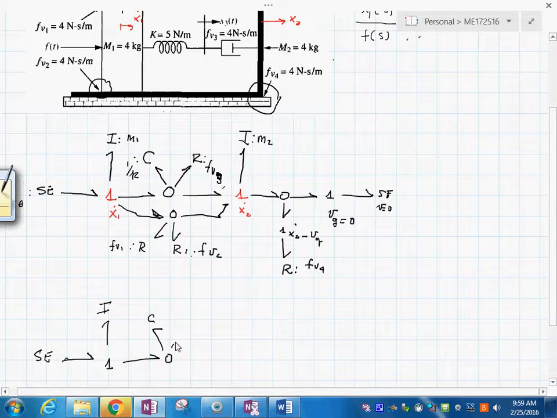So we still have this one right here, which we need to do, and then this R, and then this R, and then this will be R over here.